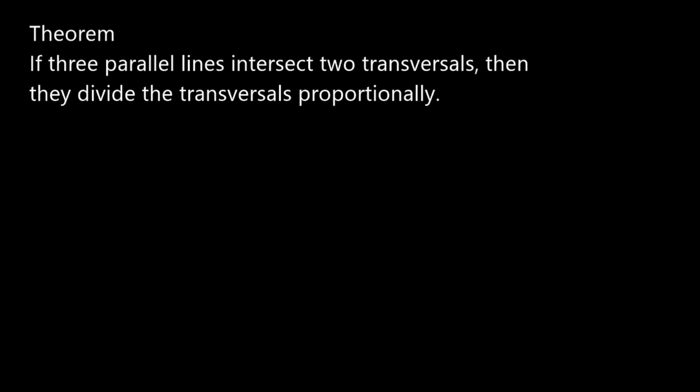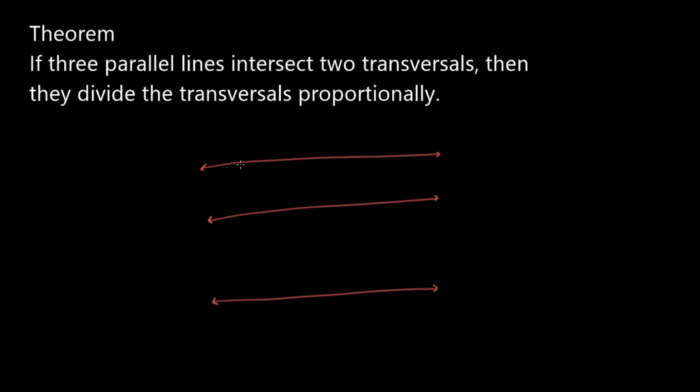And we could actually take an even more general view of the same thing by talking about this other theorem. We don't have a name for it, but it says that if three parallel lines intersect two transversals, then they divide the transversals proportionally. Again, I need a diagram to figure this out. So if I have three lines that are parallel, I'll space them out at different intervals and mark them all as parallel, and they intersect two transversals.